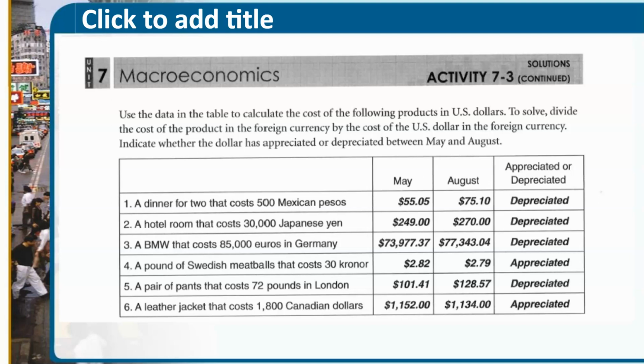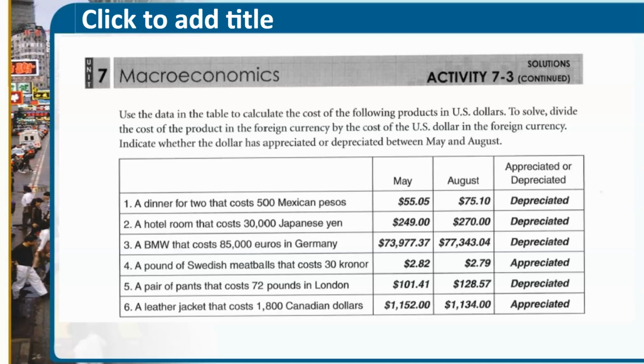Notice here, in the last one, we'll go through a pound of Swedish meatballs that cost 30 kronor. It was 282 in May, now 279 in August, and we saw this with the leather jacket as well. When the cost actually falls, that's because the dollar is appreciating. The dollar is greater there than what you saw before.